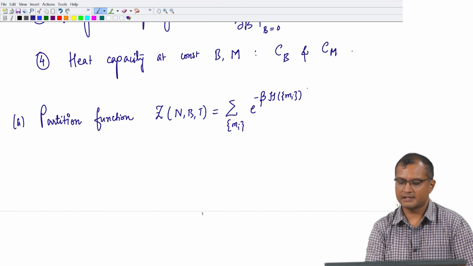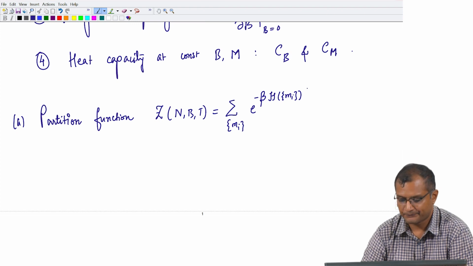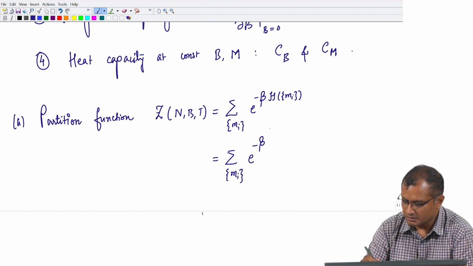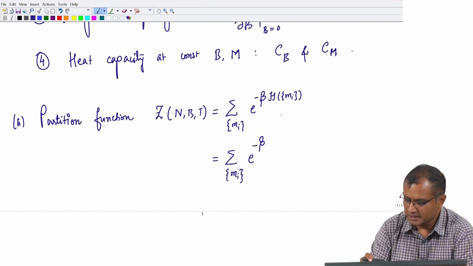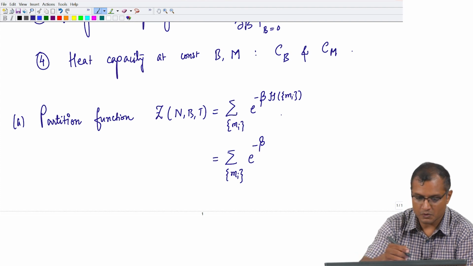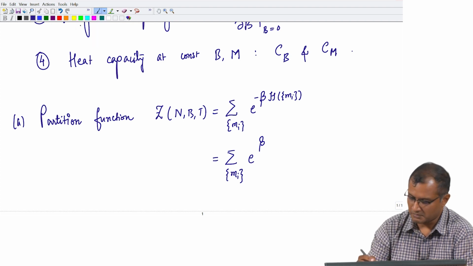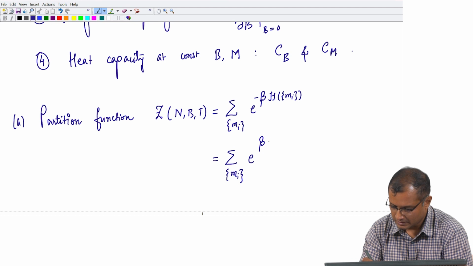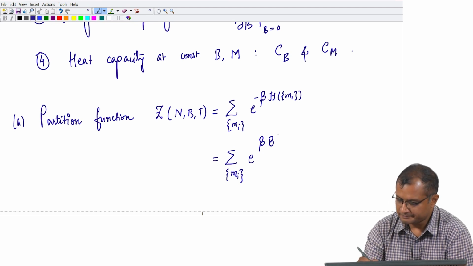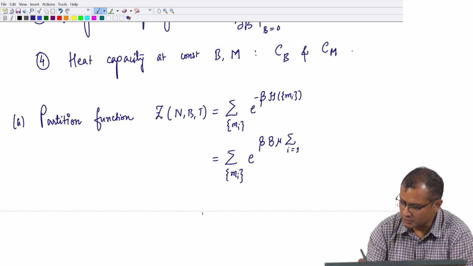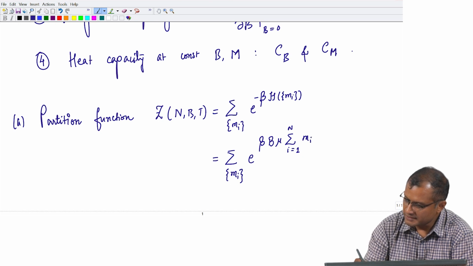So, I have taken the energy scale which depends on the microstate, and I know this energy scale, which is basically e to the power minus beta, and the energy scale itself is minus Bm. So, the two minus multiply to a plus, and you get nothing but summation i going from 1 to n of mi.